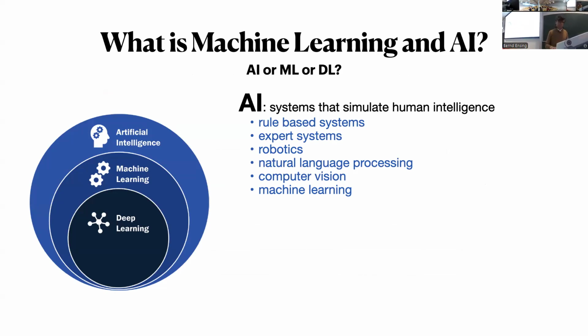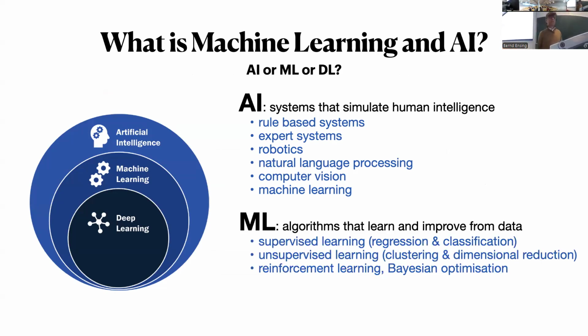Only machine learning counts as algorithms that actually learn and improve from data, right? So you should have a performance measure, like a loss or an error function, that gets better the more data you put in. If some task, you can measure how well it does the task, and the more data you put in, the better it gets, then we're talking about machine learning. It's a machine learning algorithm.